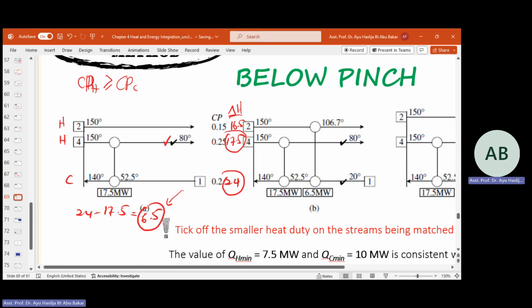Stream 2 still fulfilling, stream 2 CP hot is smaller than CPC. Right, stream 2, the CP is smaller than CPC, is it?